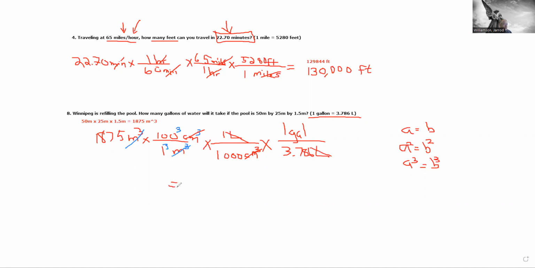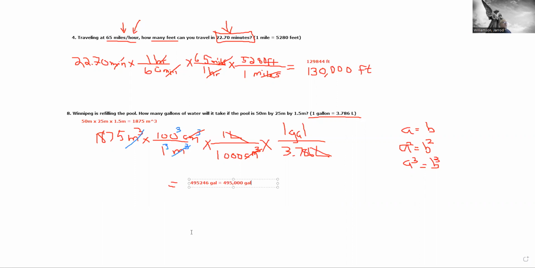And when I'm done, I'll type it so it'll be a little bit easier. I'll end up with 495,246 gallons. And if I round that, we're not doing sig figs today, I'd get 495,000 gallons.